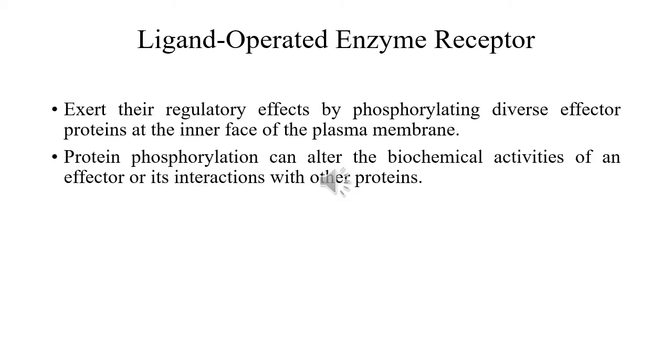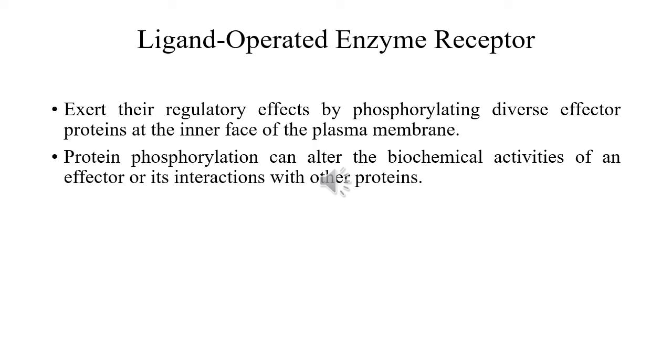These kinds of receptors exert their regulatory effects by phosphorylating diverse effector proteins, which are at the inner face of the plasma membrane. Protein phosphorylation can alter the biochemical activities of an effector. Actually, we can say that a ligand binds extracellularly, then upon binding it activates protein kinases inside the membrane, and these kinases, which may be a protein kinase or serine kinase, produce their regulatory effects by phosphorylation of effector protein.